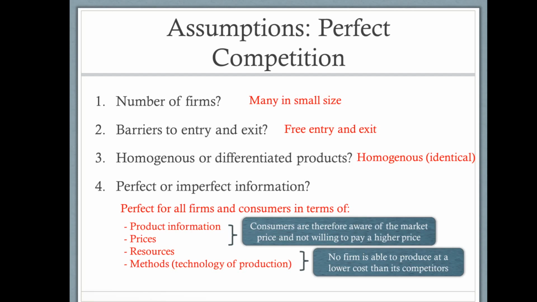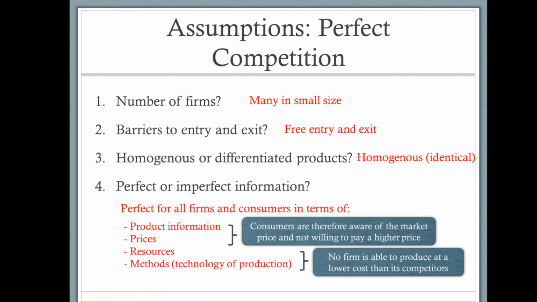So no firm is actually able to produce at a lower cost than its competitors. These are the assumptions that we used to know, and that's why you can tell why they have no control in the market, based on all these assumptions.